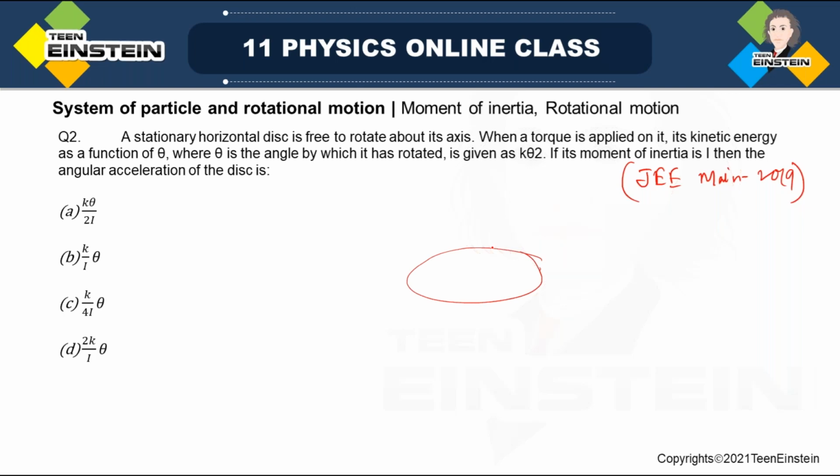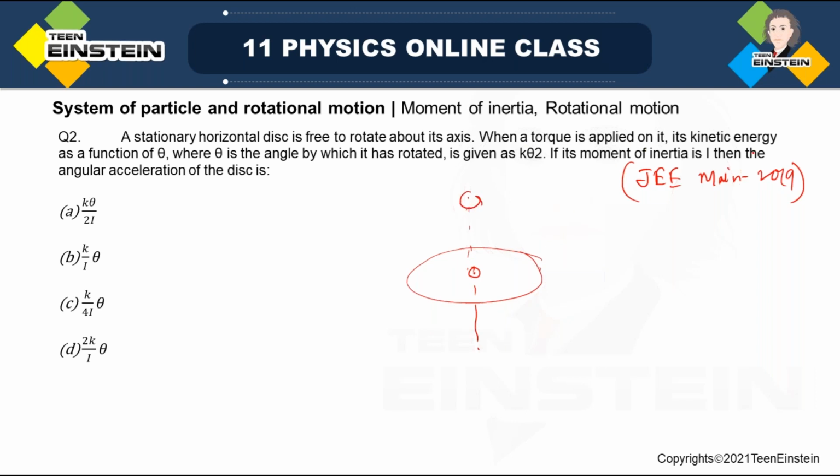This is the disk about its axis, meaning the axis passing through the center of mass and perpendicular to its plane. That is its own axis. It is free to rotate about its own axis.